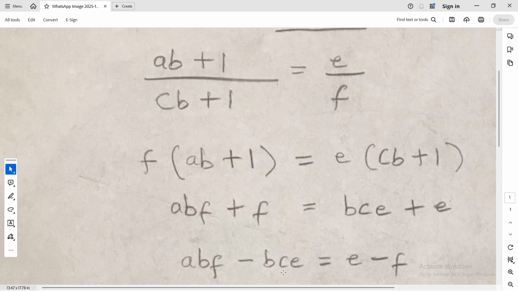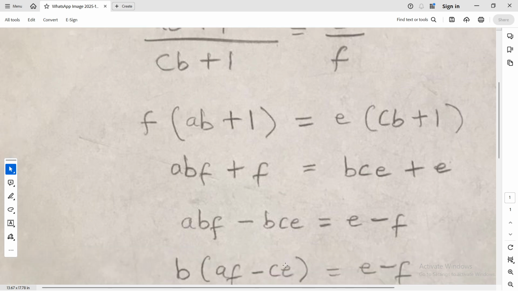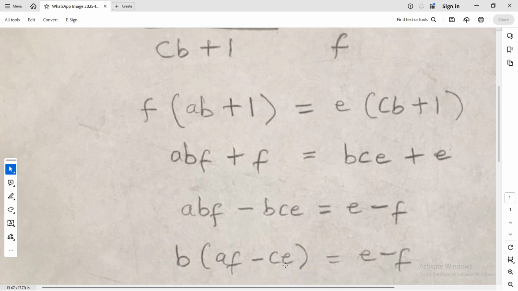And based on the preamble of our question, we were tasked to make B the subject of the relation, right? So we have to factor out B, and in factoring out B, we have to bring B out and find a variable that can multiply B for us to get ABF, for us to get negative BC. So in doing so, we've factored out B here. What can multiply B for us to get ABF? That is AF.